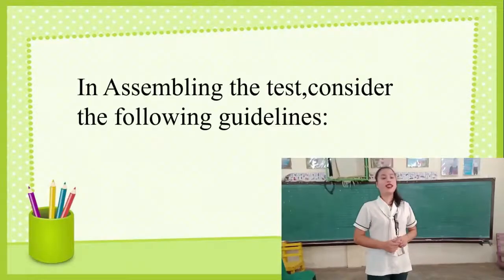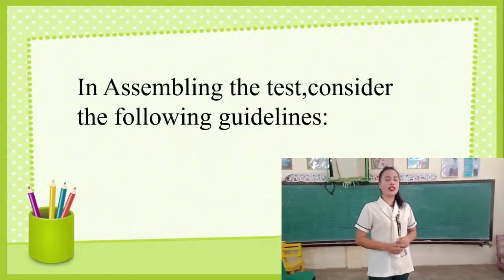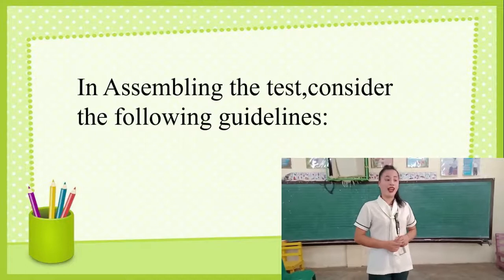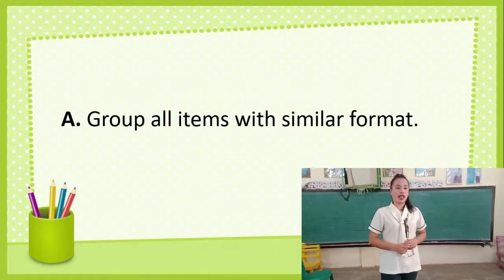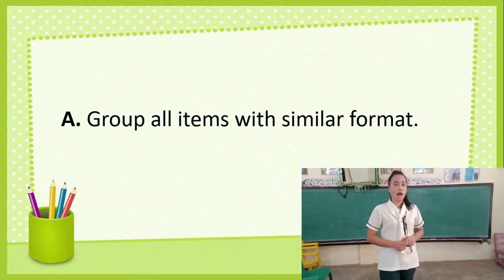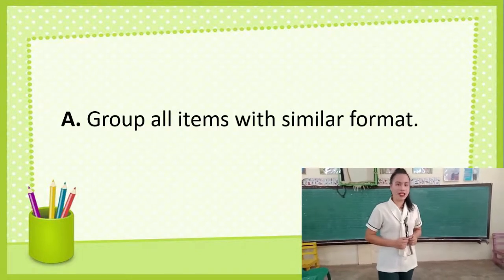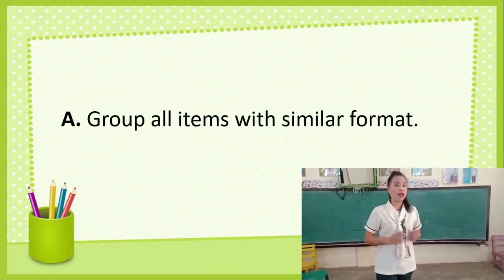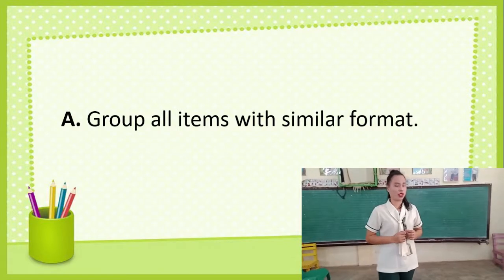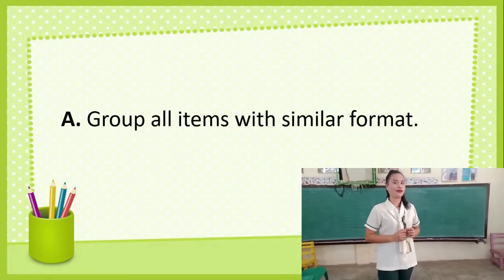After constructing the test items following the different principle of constructing test items, the next step to consider is to assemble the test items. In assembling the test, consider the following guidelines. Letter A, group all items with similar format, meaning all items in similar format must be grouped so that the students will not confuse.